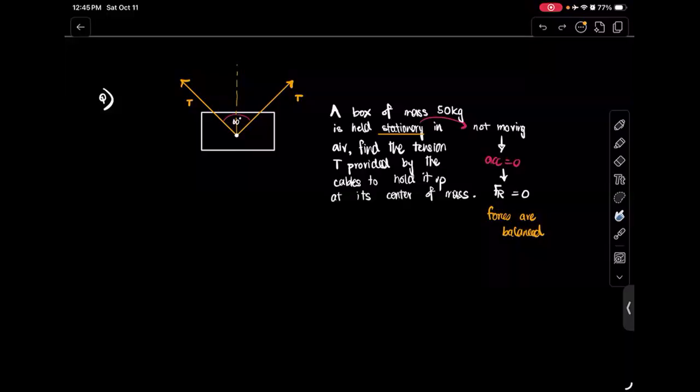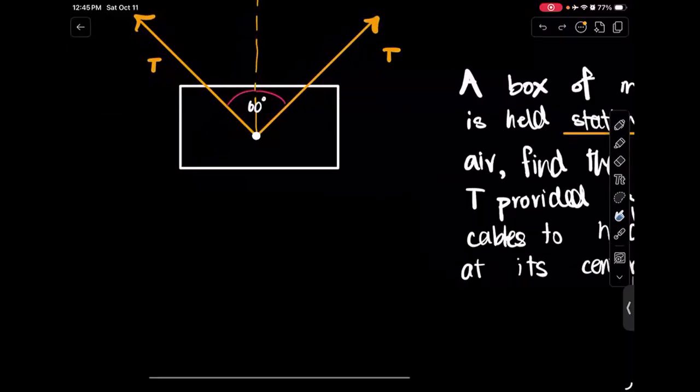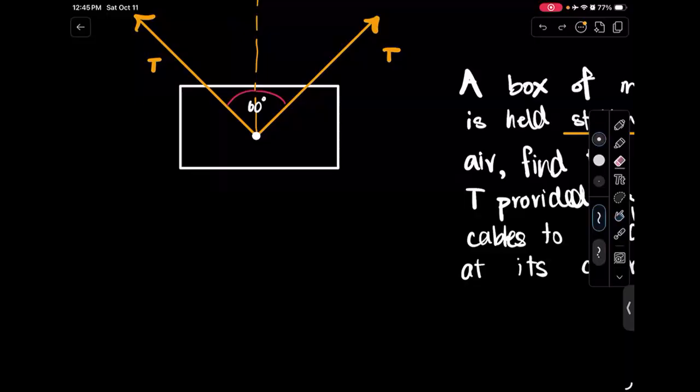The tension provided by the wires are equal. So T left is equal to T right. Then that means both the angles will also be equal, right? Yes, you're right. It will be. And keep in mind, the 60 degrees is for the entire arc for both of them.